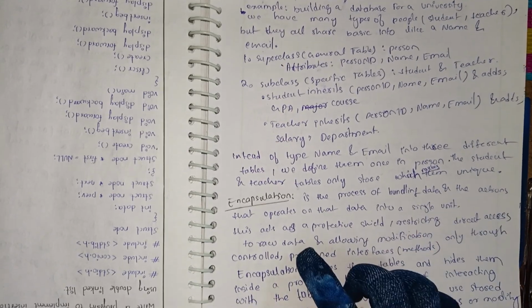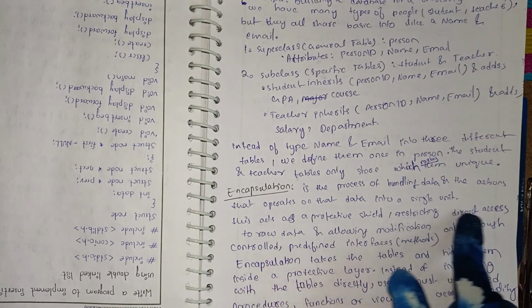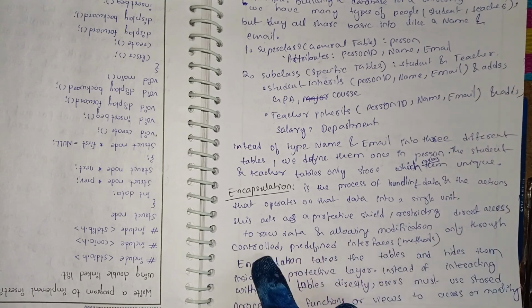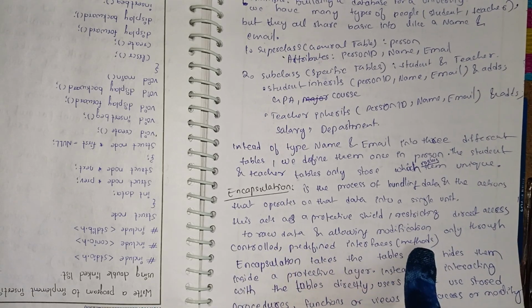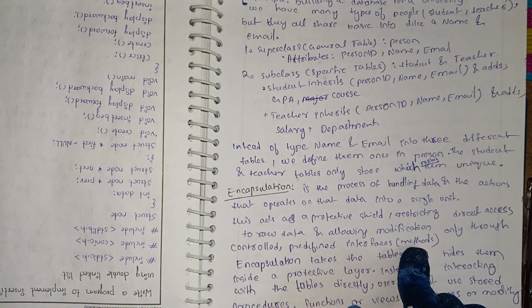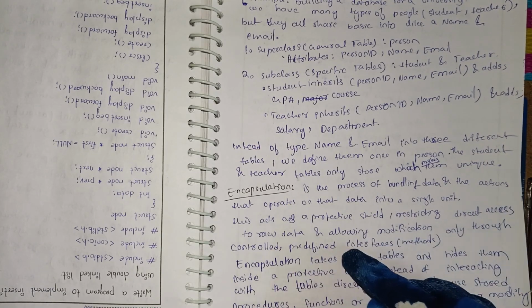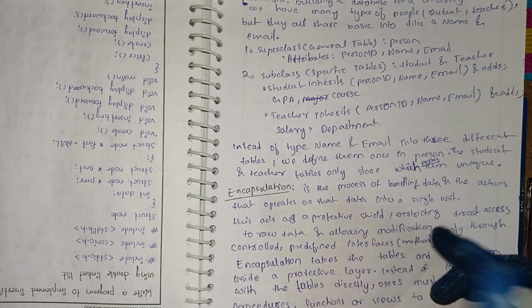Okay, this acts as a protective shield, restricting direct access to raw data and allowing modification only through controlled predefined interfaces, means methods. So in a particular class, modifications are allowed only by predefined interfaces, means methods.